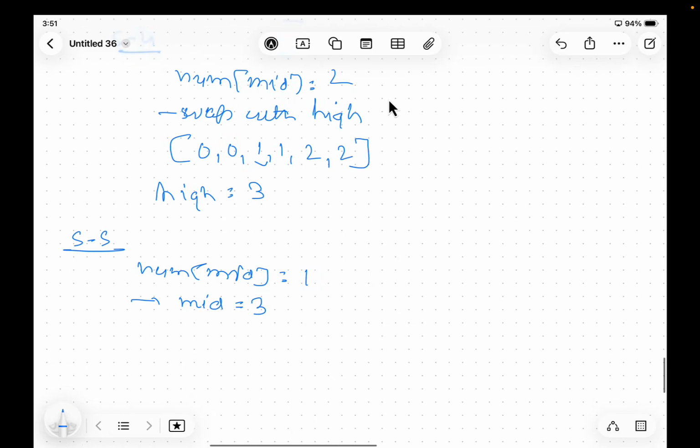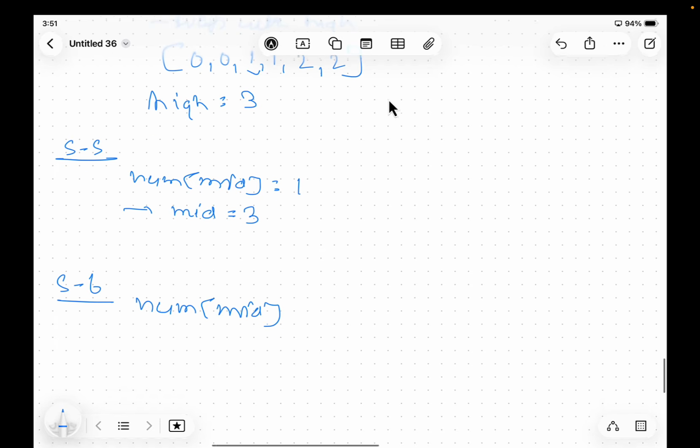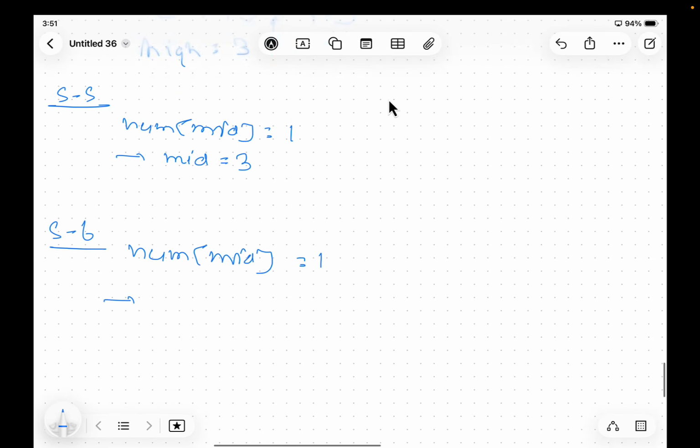Simply moving the mid. Mid earlier was 2, now mid is 3. Now coming to step 6. Again, nums of mid, mid equal to 3. So mid equal to 3 is what? 0, 1, 2, 3. That is 1. Okay. Again 1. So I'm not going to do anything. I'm simply making mid 4.